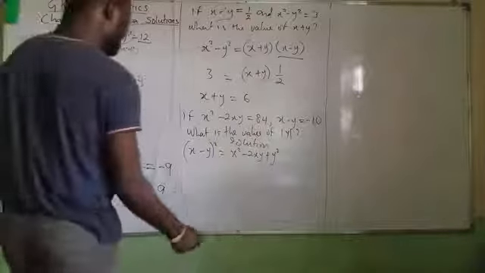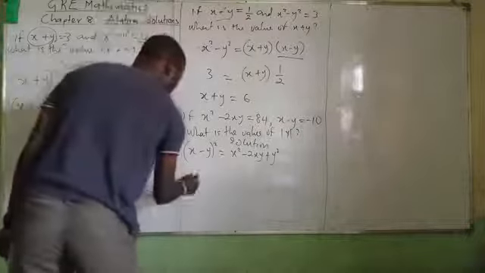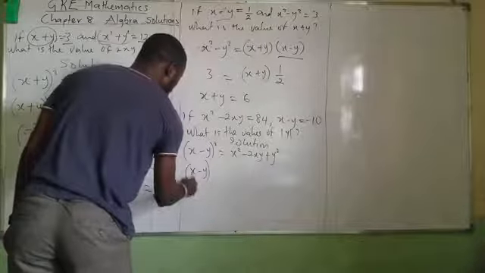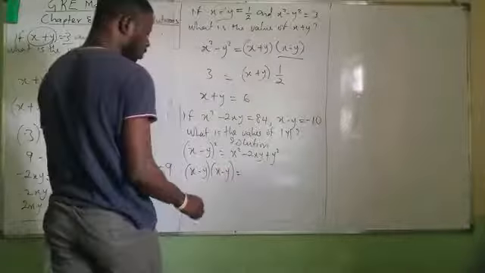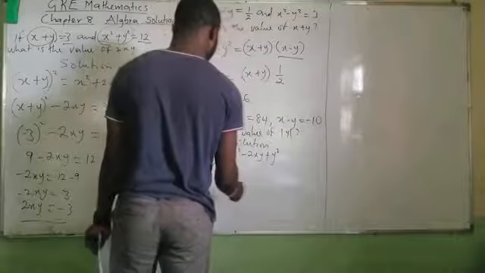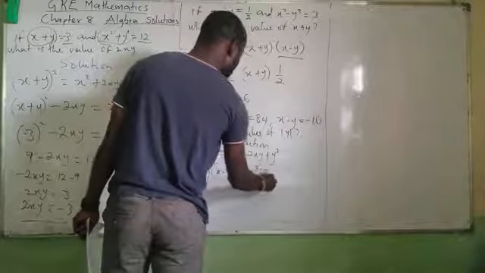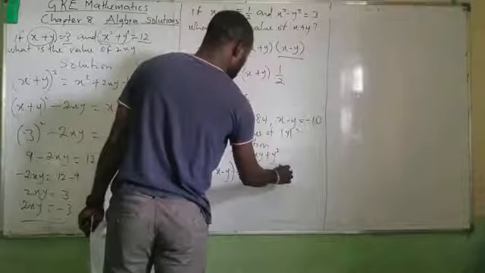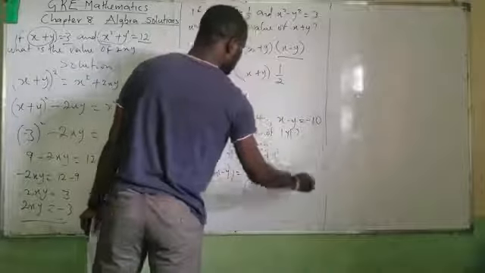Now, since I have that, I can turn this into x squared minus 2xy plus y squared.